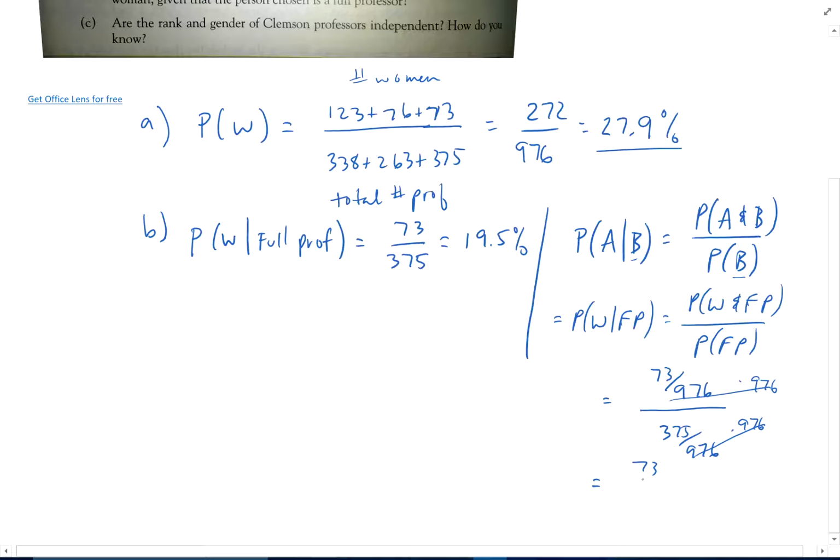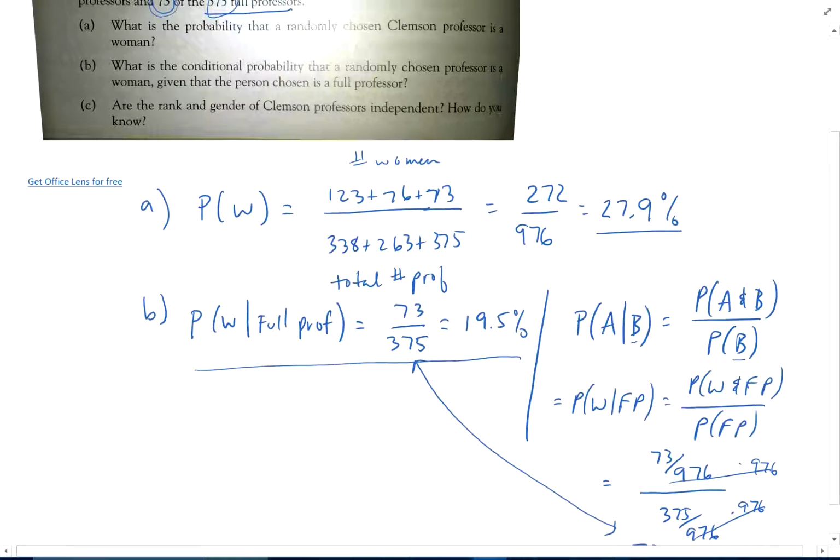And I get 73 out of 375, which, if you'll notice, is exactly the same thing that we ended up with here, right? Which is 19.5%. It's actually good that you can understand both ways. There's this formula which just explains mathematically what we did here practically.